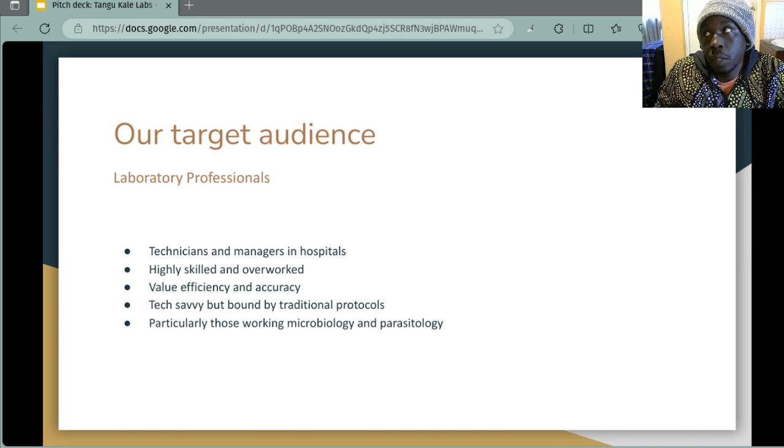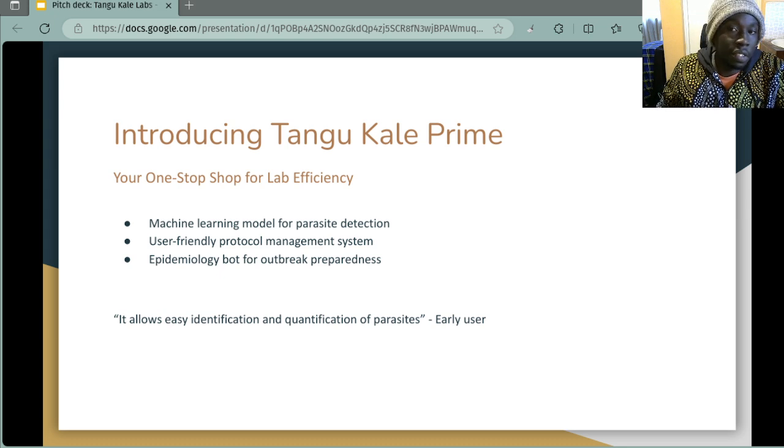So looking at all these factors, we created tools particularly for them, and they mostly span within microbiology and parasitology terms, just the study of microorganisms. And we created three things.